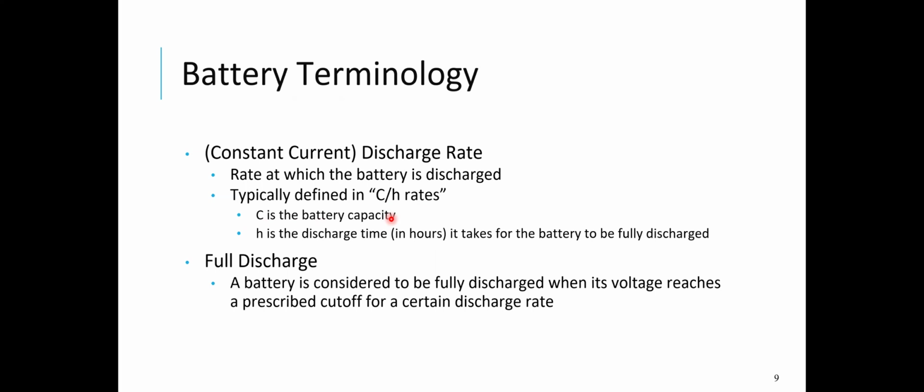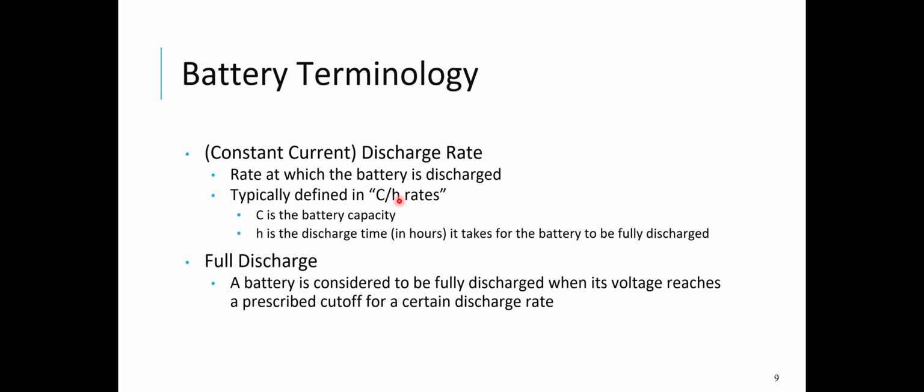So if I have a 10 amp hour battery and I discharge it using 10 amps, the C rate is 1. It's 10 amp hours divided by 10 amps, we get 1. If I have my same 10 amp hour battery and I discharge it at 100 amps, I will have 100 divided by 10.